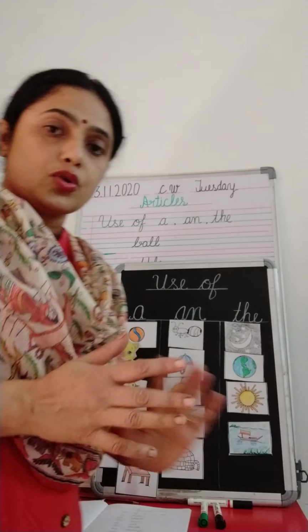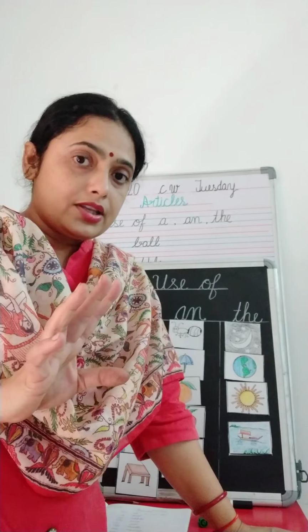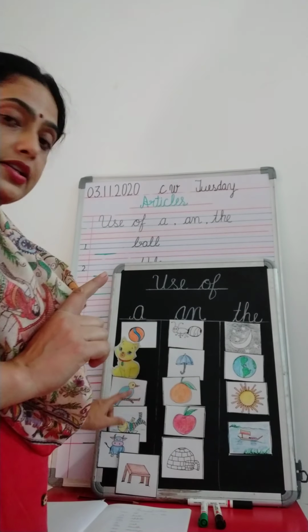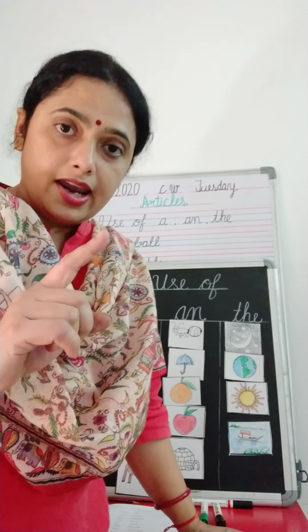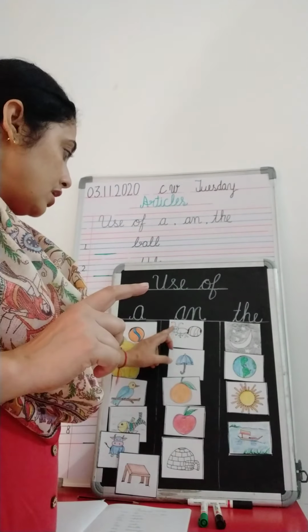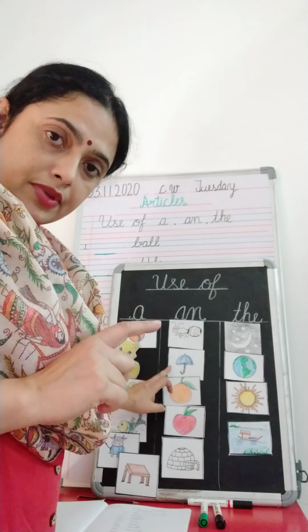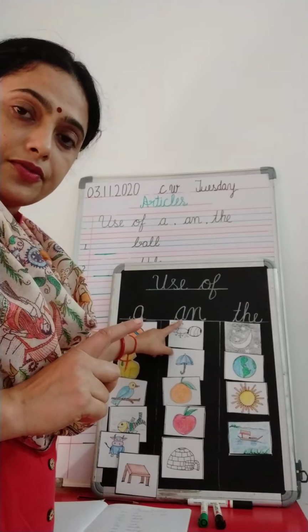So the basic rule is if a word starts with consonant, we will put a, and if a word starts with vowel, if it gives a vowel sound, we will use an before the word.